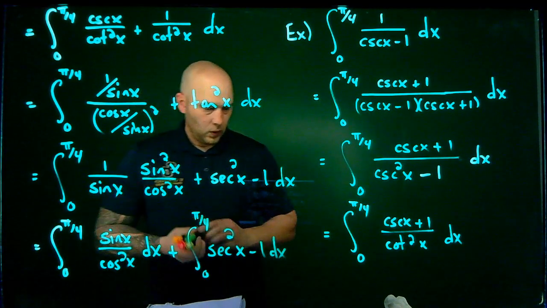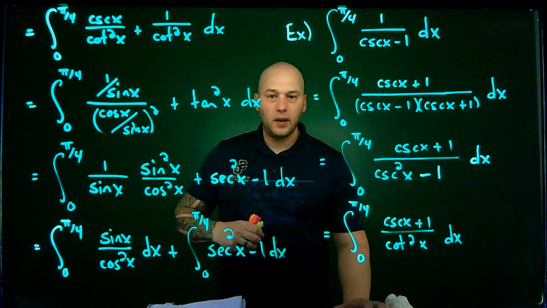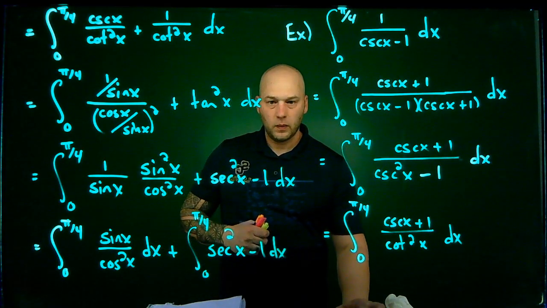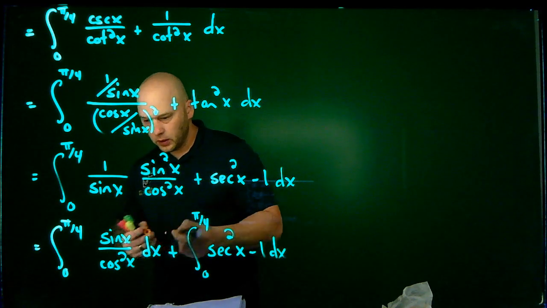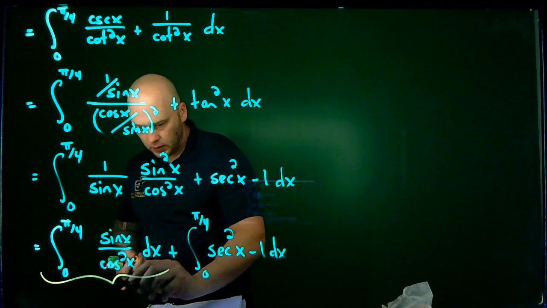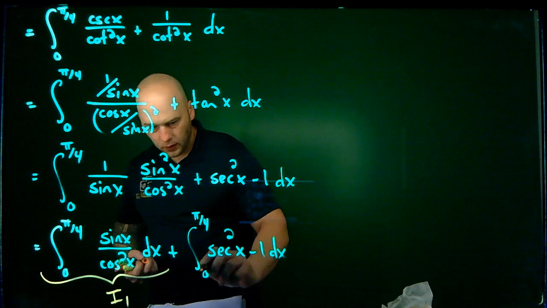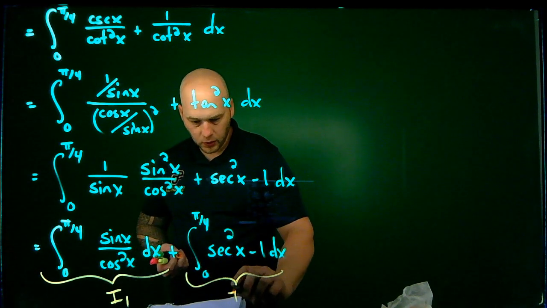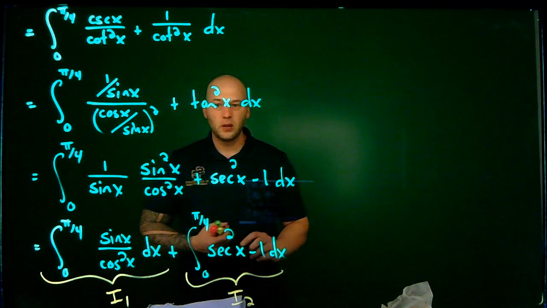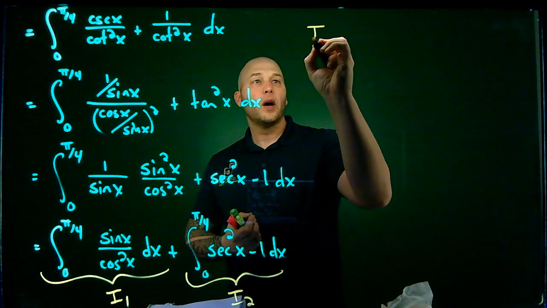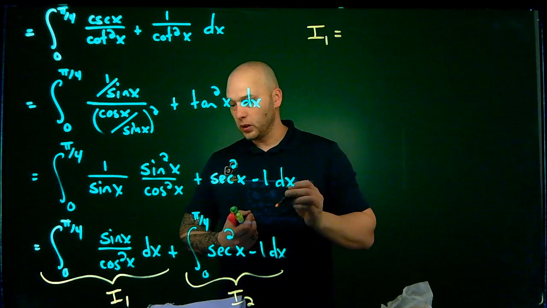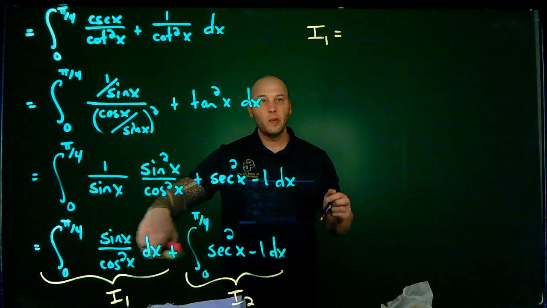Okay, I'm going to clean up that side, and then we will continue. Okay, let's call this one integral 1, and we'll call this one integral 2. So we'll evaluate those differently. Let's start with integral 1.